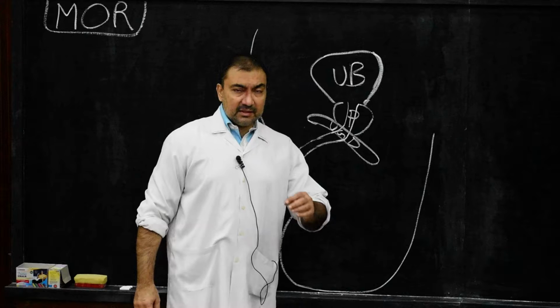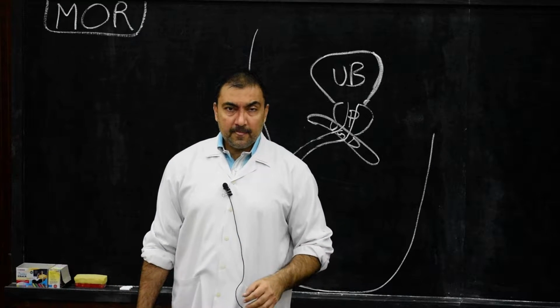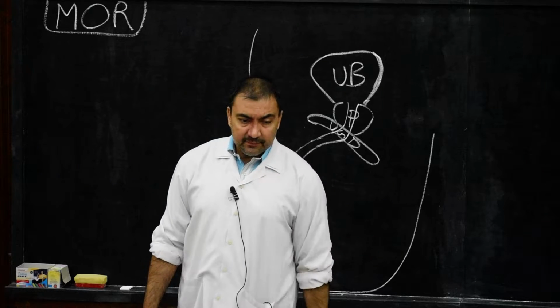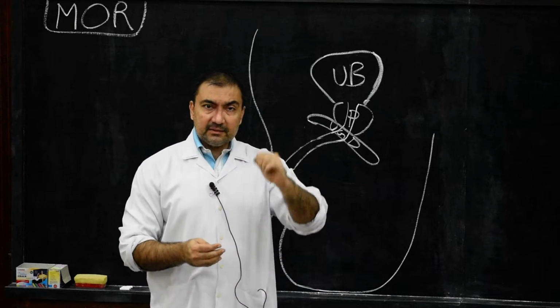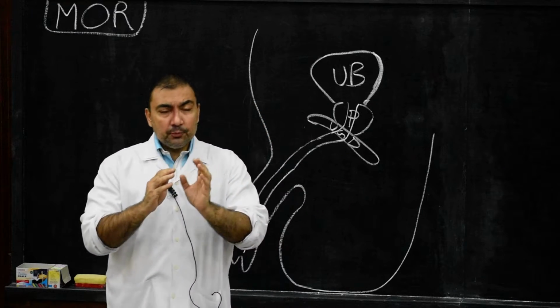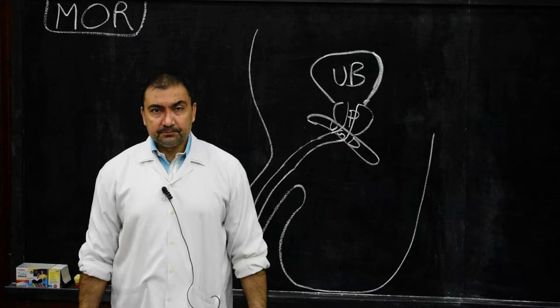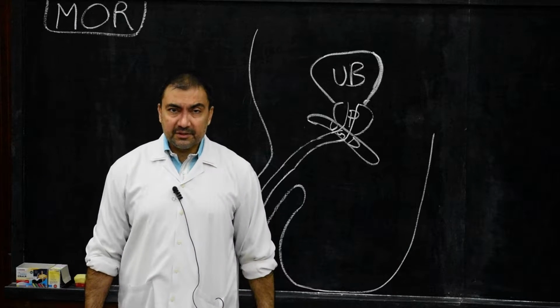Now, we need to understand the testes. Each testis is ellipsoid in structure. It is present in the scrotum, and the diameter of the testis will be 5 cm in length by approximately 2.5 cm thickness by 3 cm antero-posterior dimension.